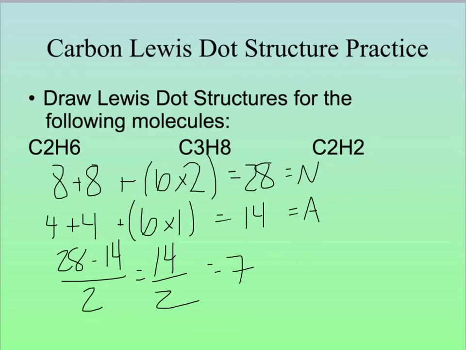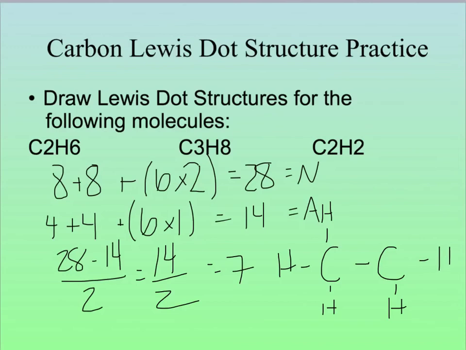We know that carbon likes to bond to each other. Since we've got 2 carbons, I'm going to immediately put them together. Now, since I want to make it very symmetrical, I want to give each of them 3 hydrogens. So I'm going to put an H there, and an H there.